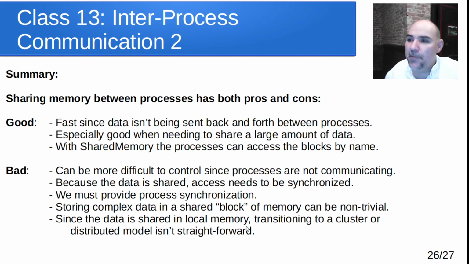All right, so quick summary here. Sharing memory between processes, in other words, using multiprocessing.shared_memory, is both good and bad. The good thing is it's fast since data isn't being sent back and forth between the processes, just multiple processes sharing the same physical piece of memory. That's especially good when we need to share a large amount of data, because if we had a million items, we don't want to be sending a million items back and forth, because it's going to be really slow.